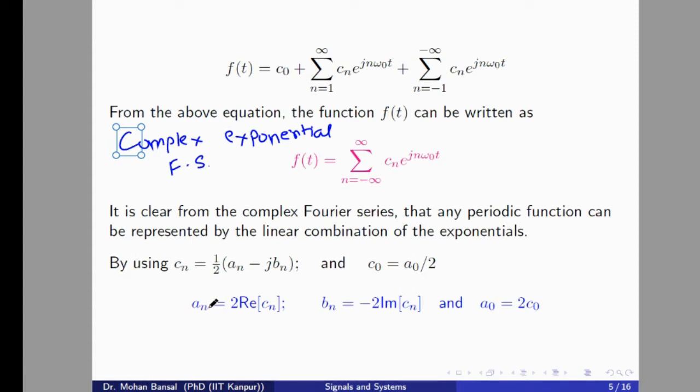If we have been given some complex Fourier series, we can also find the trigonometric Fourier series with the help of this relation. a_n is nothing but twice the real part of c_n, b_n is minus twice the imaginary part of c_n, and a0 will be twice c0. So these are the terms that we can get from the complex Fourier series, and we can represent the complex exponential Fourier series in terms of the trigonometric Fourier series also.